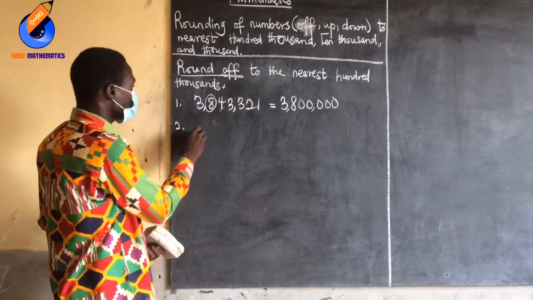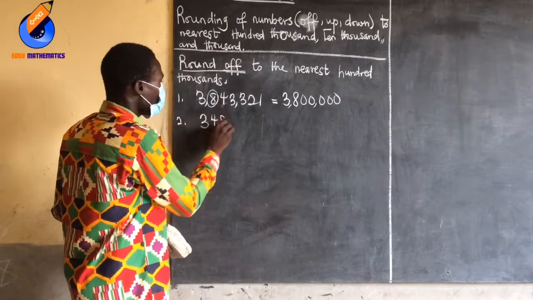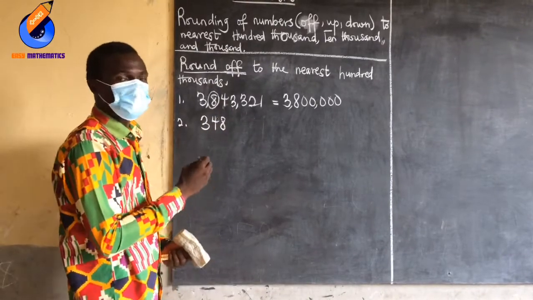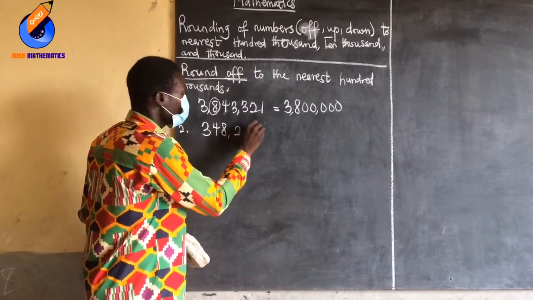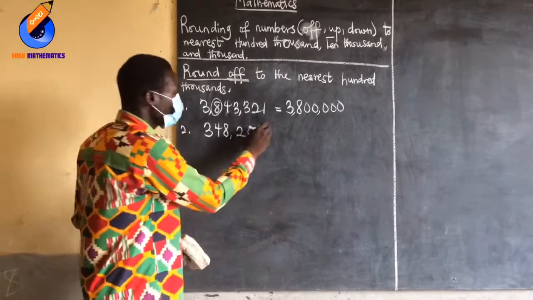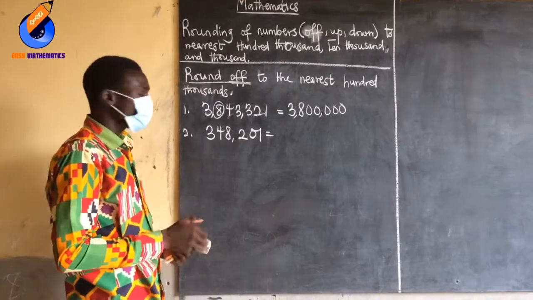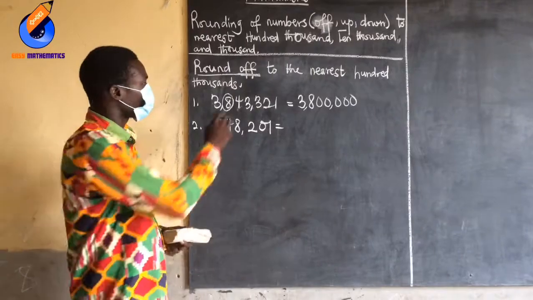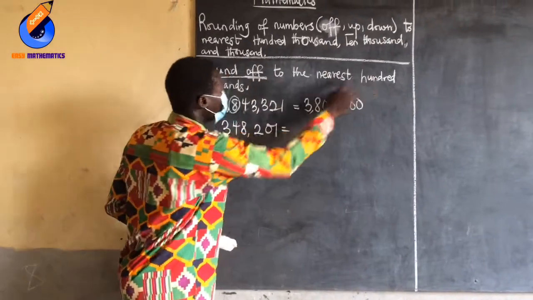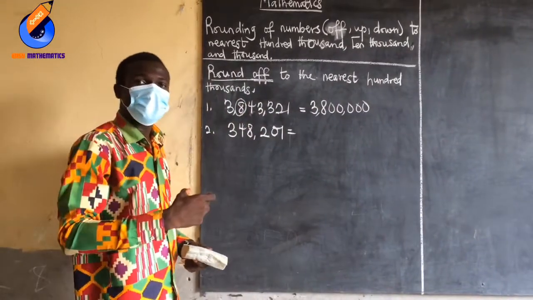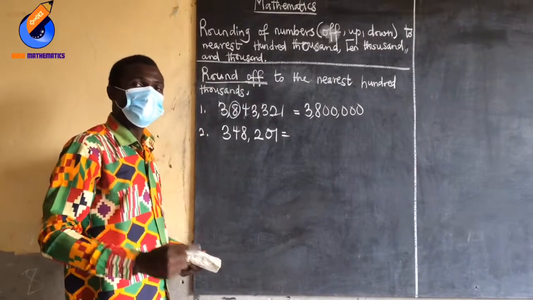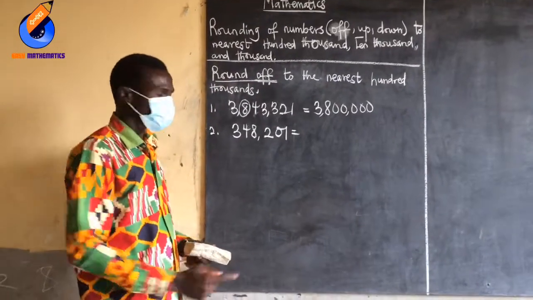Now let's say we have 348,201. We have to round this number off to the nearest 100,000. Locate the number with the place value 100,000.